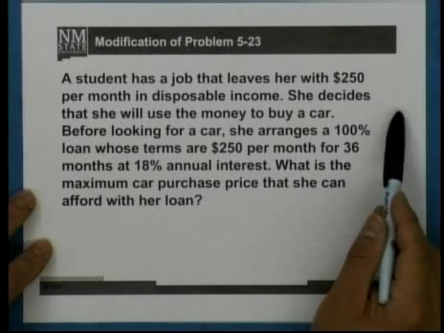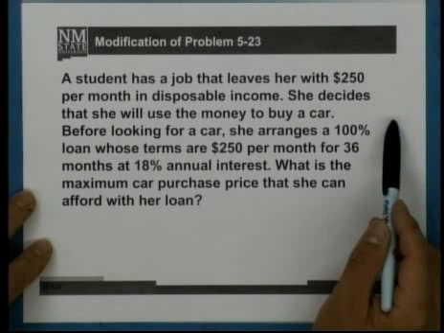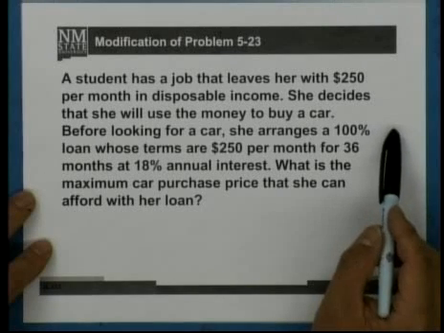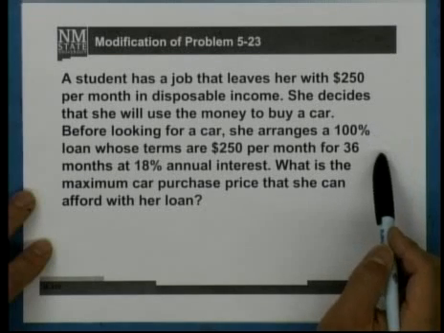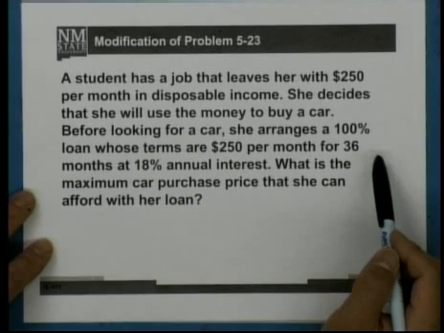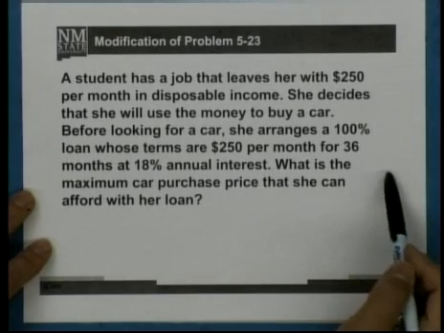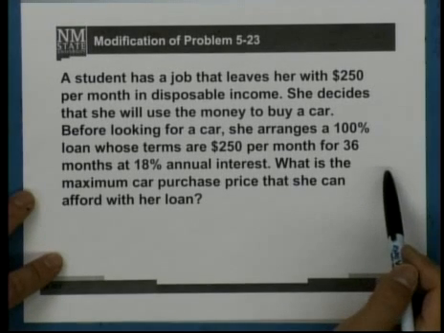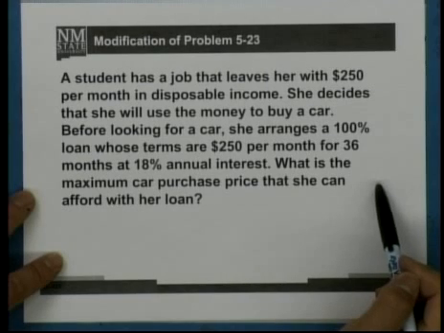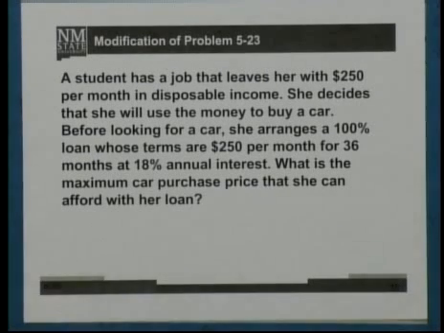She decides that she will use the money to buy a car. Before looking for a car, she arranges a 100% loan, whose terms are $250 per month for 36 months at 18% annual interest. Then, what is the maximum car purchase price that she can afford with her loan?